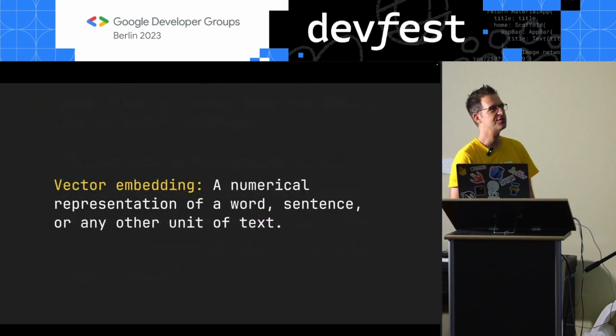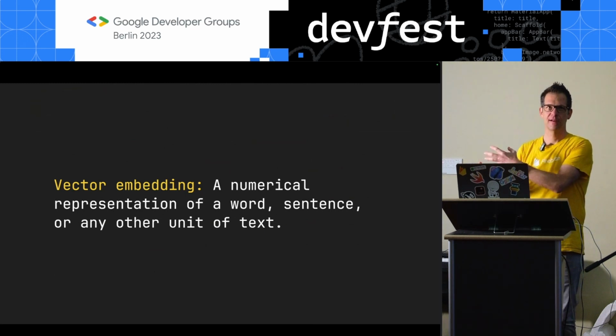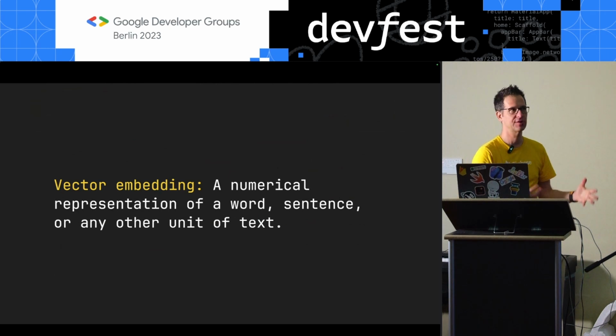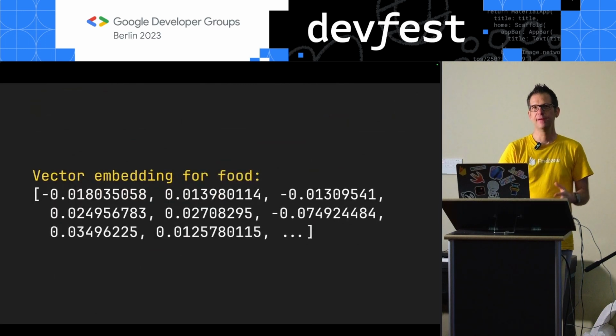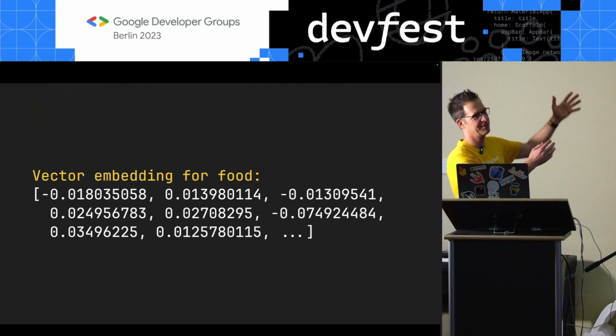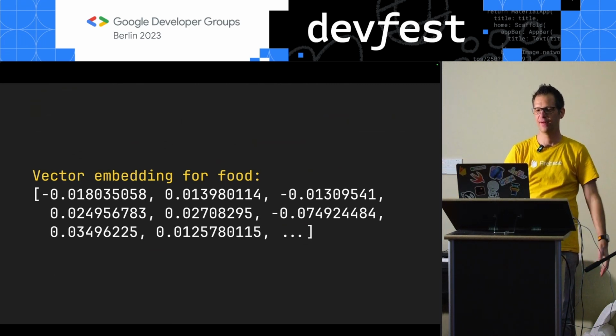So we need to tell the computer how to reason about words. And a vector embedding is a mechanism that can help us with that. A vector embedding is a numerical representation of a word, a sentence, or any other unit of text. So here is the vector embedding for food. And I've shortened it because it literally has a couple hundred more values in there.